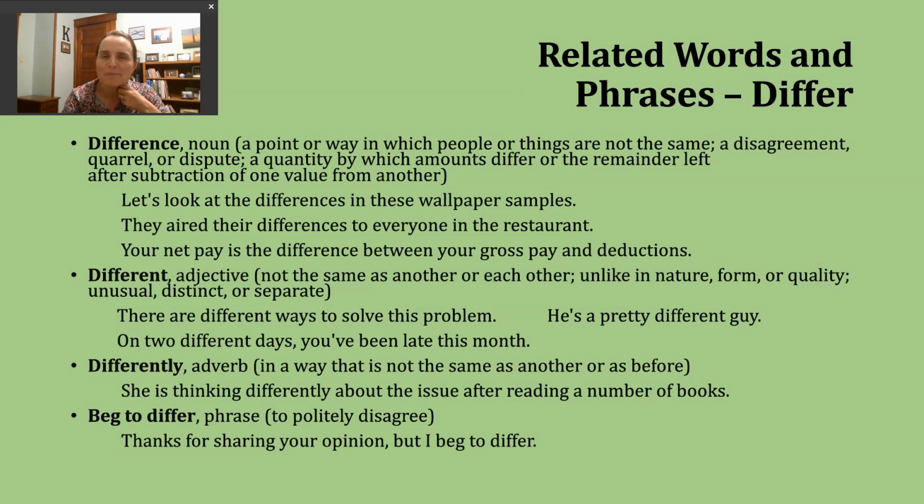An example of how you might hear this used, perhaps in a meeting or some type of discussion: thanks for sharing your opinion, but I beg to differ, right? And usually what would come after that would then be an explanation why I have a different opinion or a different thought about something.